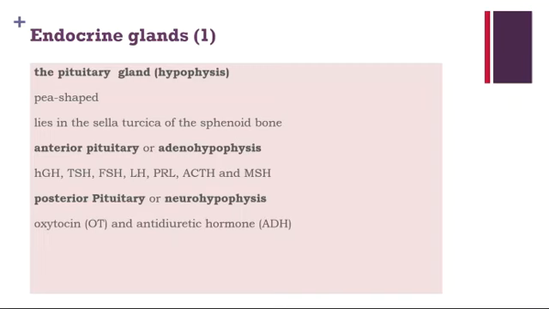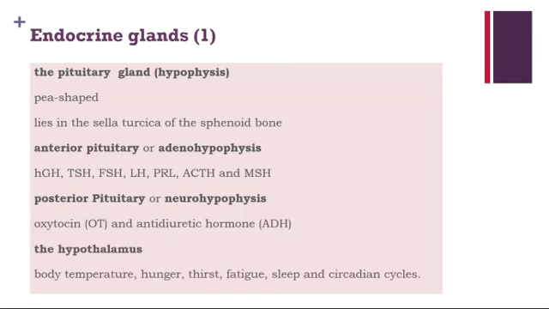For many years, the pituitary gland or hypophysis was called the master endocrine gland because it secretes several hormones that control other endocrine glands. We now know it has a master. This master is the hypothalamus.